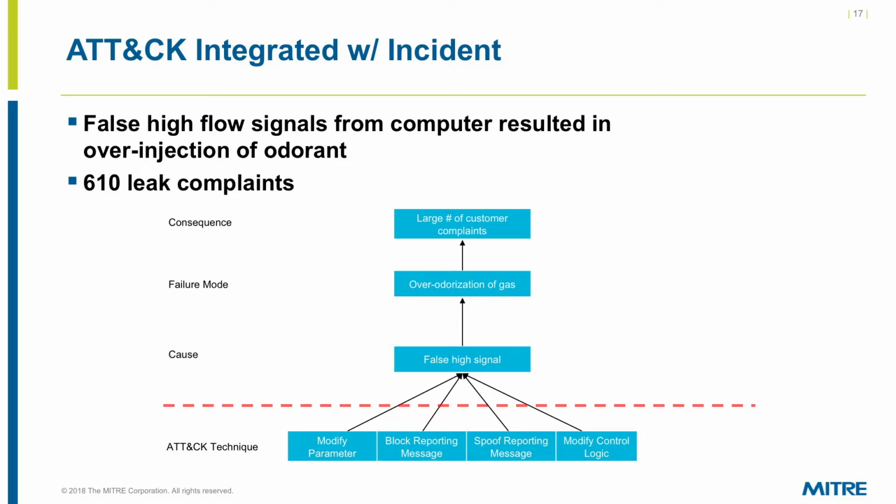And then you can imagine below that we have more and more techniques that are initial vectors for the adversary to move through to get to this specific point. But this has been very helpful for us to think about what potentially can happen in specific domains and to connect the real consequences for domains up to the attack model for ICS.